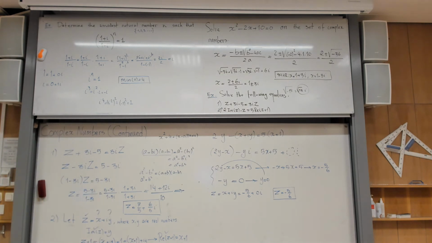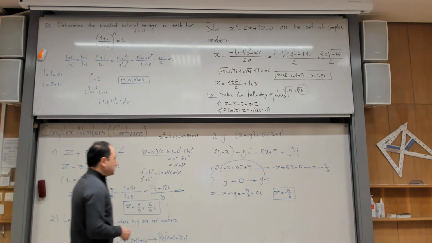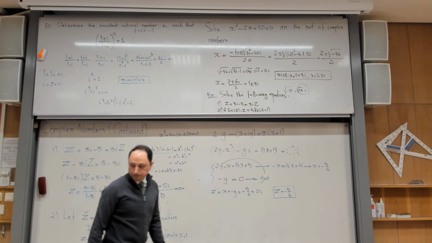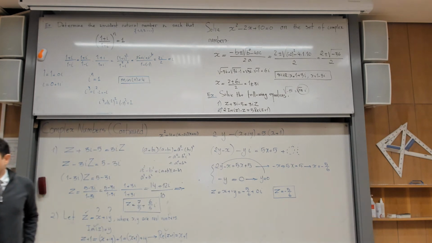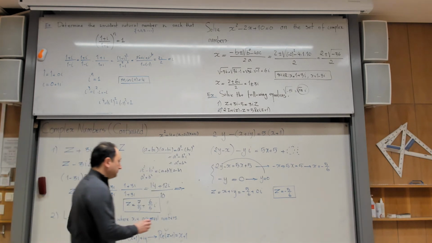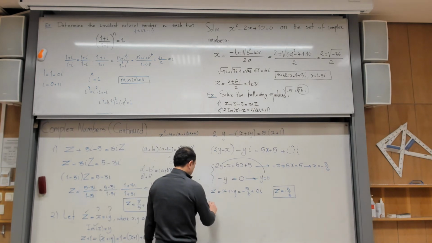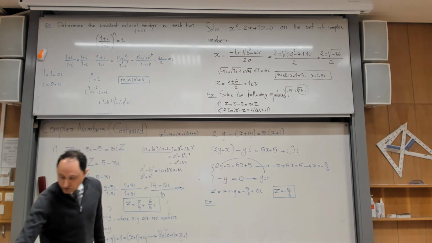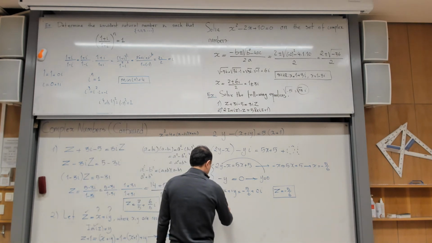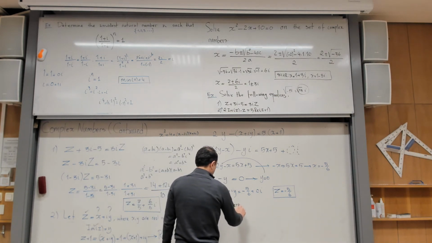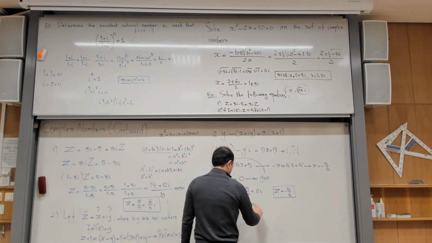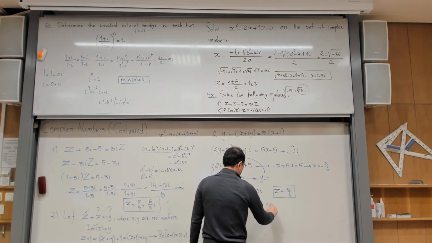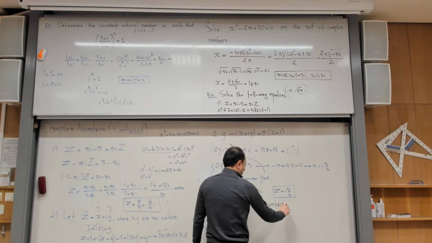Yes? Okay, there is a problem from the national exam, 1996 of course, and at that time Math 4 was called Math E or something. But let me just write it here for you to see how you can solve the problem. So the national exam problem is: determine real numbers a and b.